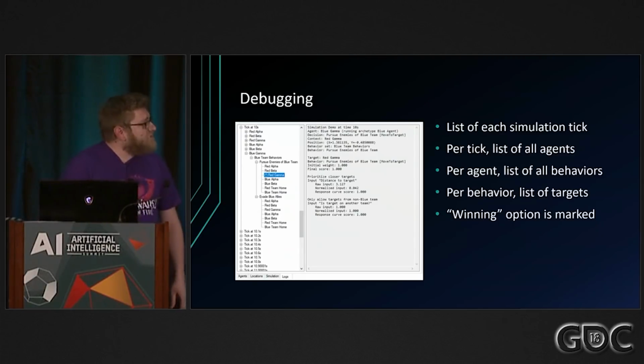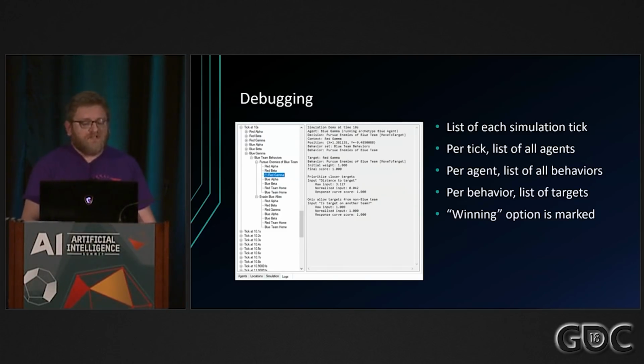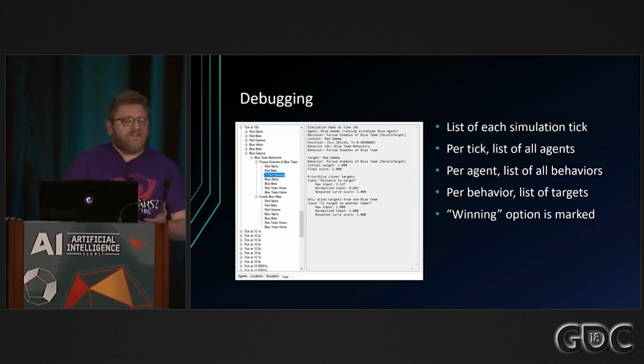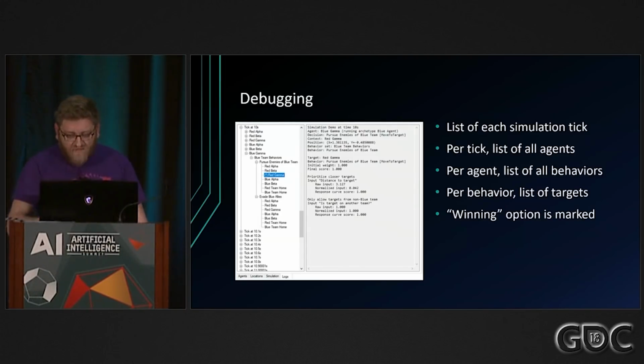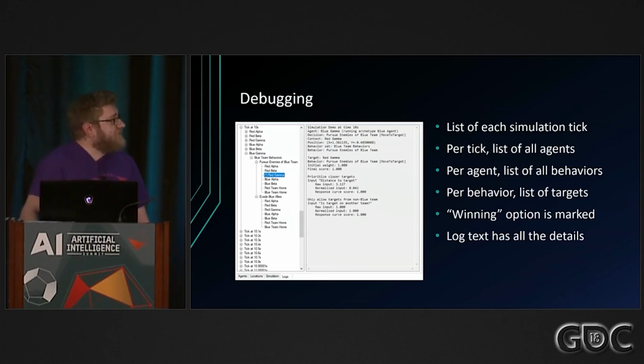In this case, there's a small blue rectangle on one of the items in the tree on the left side. This is just a visual indicator of the thing that, in that tick, this particular agent actually wound up doing. The key here is actually the text on the right, and that has all the details that we could possibly want. I'm not going to go through it line by line, but basically from the top down, there's more generic to more specific information. You can look at things like the position of the agent in the world.